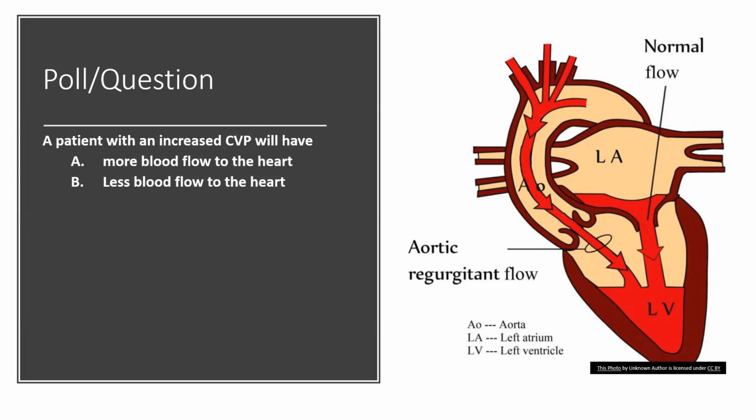Okay, so you remember now that this is likened to the amount of furniture that you put in the truck. So the more furniture that you put in the truck, the more volume you're going to have to unload. And thus the correct answer here is going to be, there's going to be more flow. If CVP increases, more blood flow to the heart is going to occur.